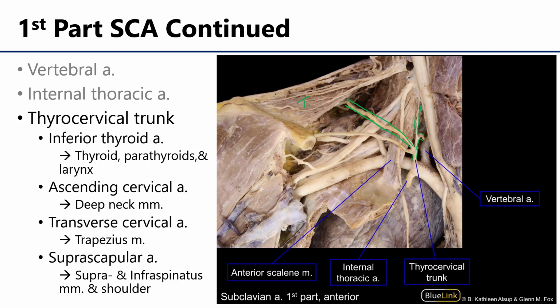Sometimes that transverse cervical artery, so about a third of the time, is going to come off of a branch of the third part of the subclavian artery. And then we have the subscapular artery. The subscapular artery is going out to serve the shoulder and some of the rotator cuff muscles. So in particular, the supraspinatus and infraspinatus muscles with blood.